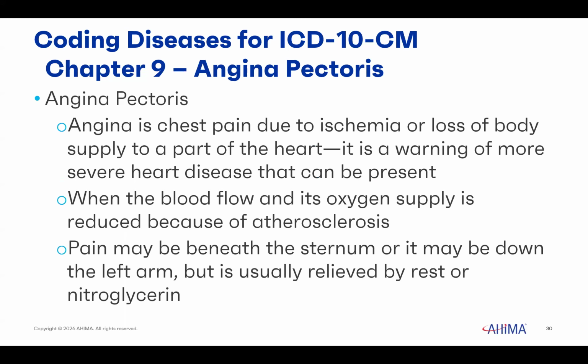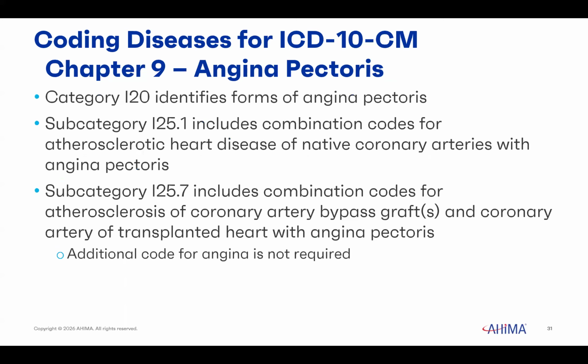Angina pectoris is chest pain from reduced blood flow. This may result in pain going down the left arm and is helped by rest or medicine. Code category I20 identifies the forms of angina pectoris.